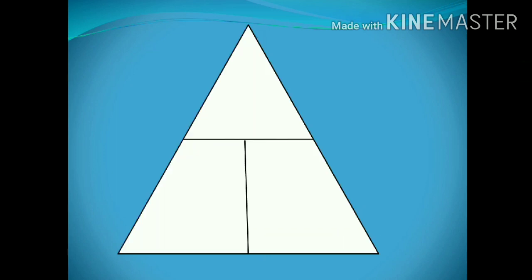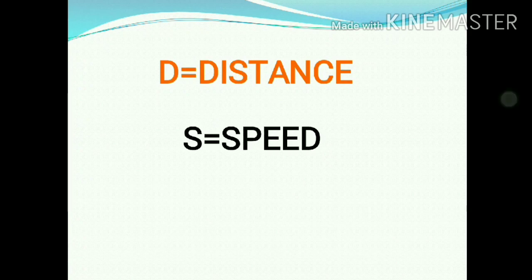Write a D in the upper part, S in the lower left part and T in the lower right part of the triangle. Here D stands for distance, S for speed and T means time.